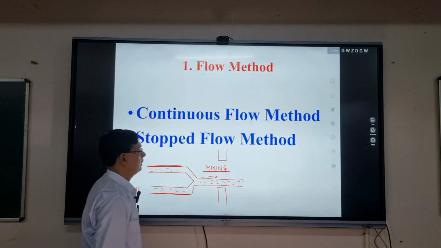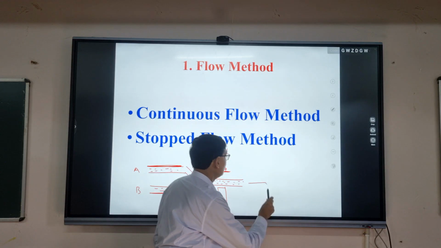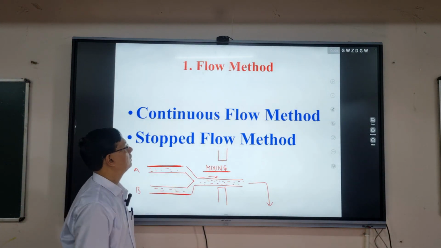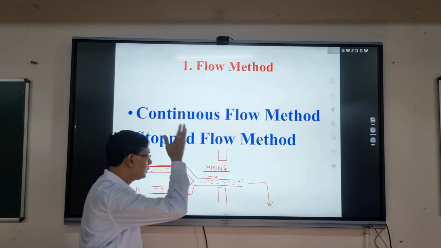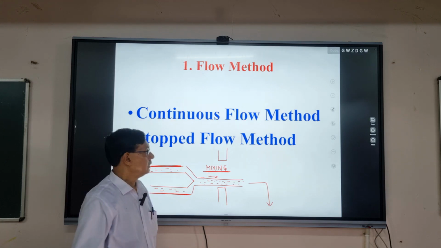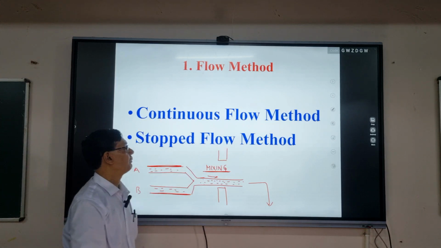And then of course a drain is also required. But if it is a stopped flow, there must be some device by which you can stop that flow. So that is the difference between the continuous flow and the stopped flow.